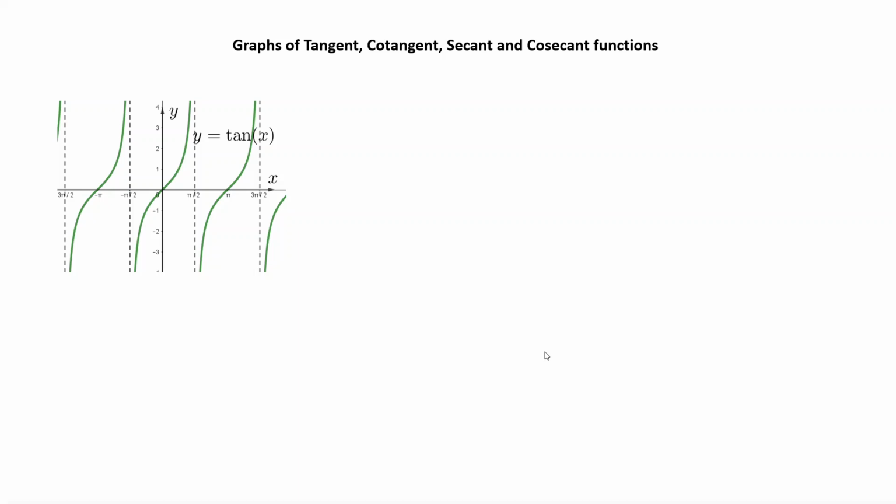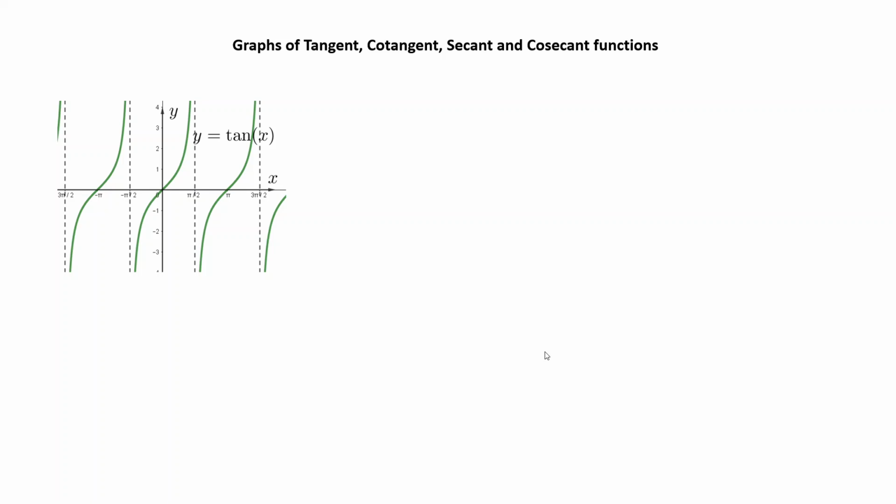Most of my focus is going to be on tangent, and cotangent is going to be a lot similar to the tangent graph. Of course, obviously there are some differences. I'll point out those differences, but if you understand how the tangent graph looks, then you are in good shape. Cool? All right, without much further ado.